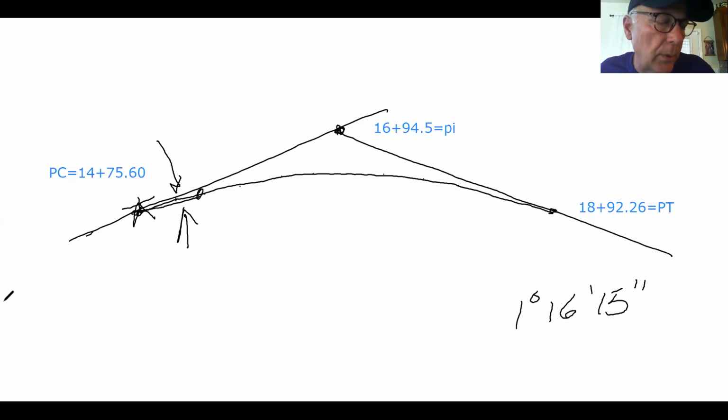And basically what it's saying is that for the first one, which would be the chord length for the 25-foot arc, the formula is the sine of the 25-foot deflection times the diameter. And then the long chord is the sine of the total deflection divided by 2 times the diameter. So the equation is basically taking the sine of an angle and multiplying it times the diameter.